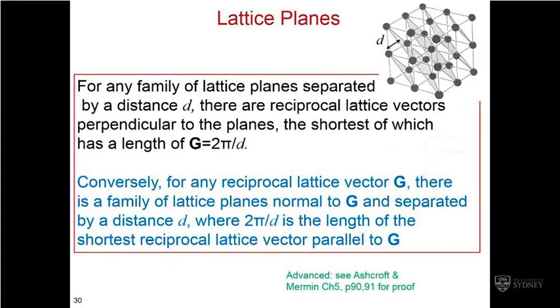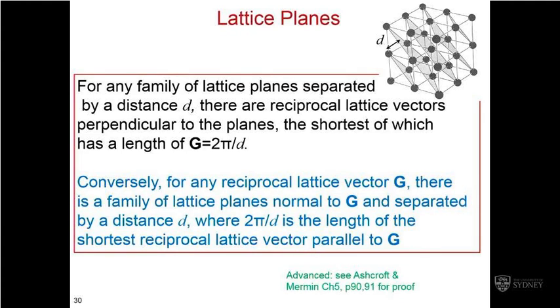Okay, now this is another important thing here. So there's a picture of our lattice. We've got some planes. These, as we'll see later on, are called the 1, 1, 1 plane in curved brackets. And if you define a distance d for the spacing of these planes, then there will be a reciprocal lattice vector that is perpendicular to the planes, and it has a length of 2 pi on d.